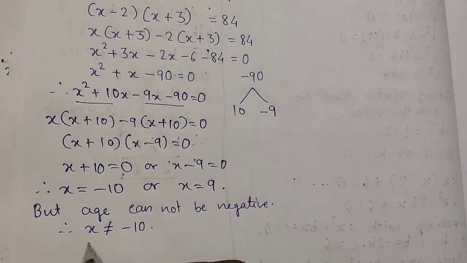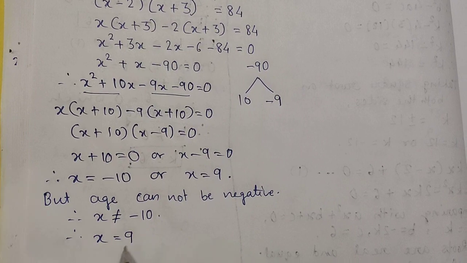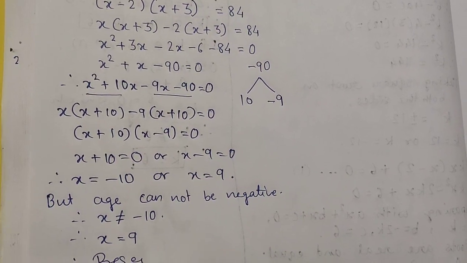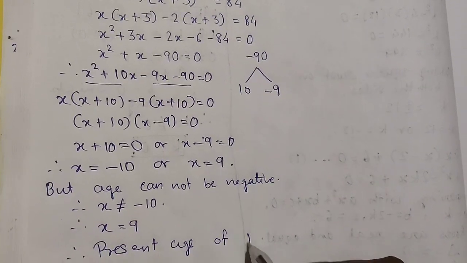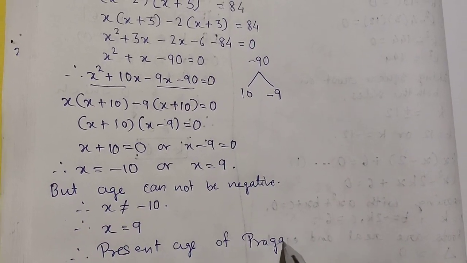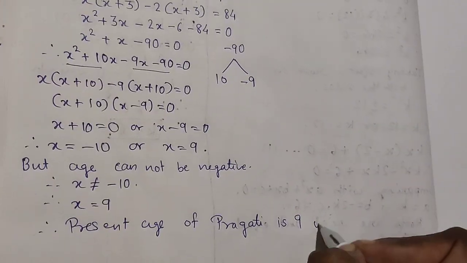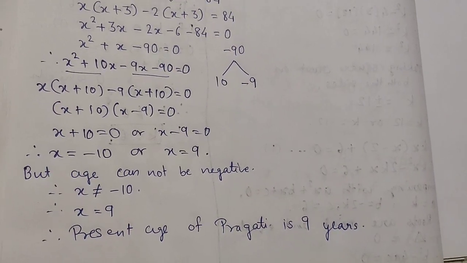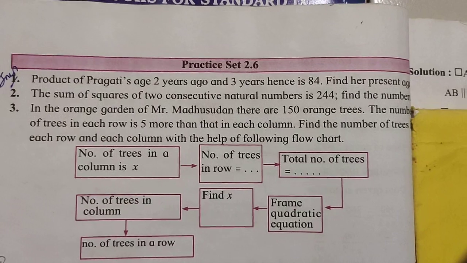Minus 10. So x not equal to minus 10 means what? Your x is 9, and if your x is 9, that means your final answer, that is, the present age of Pragati is how many? 9 years. Okay, so we have completed the first question.